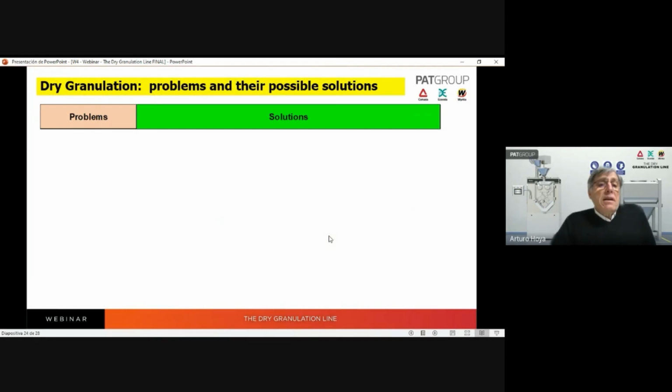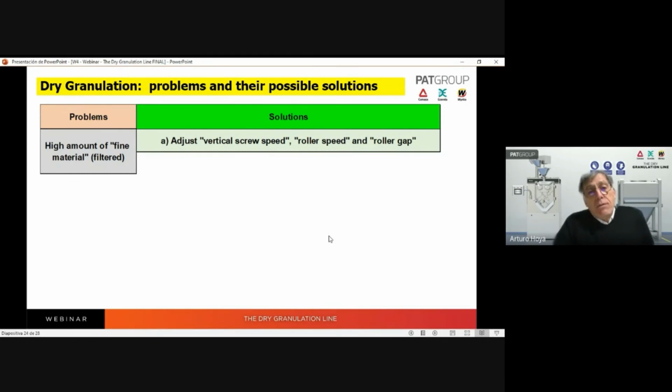Well, the last part is dry granulation problems and their possible solutions. Problem, for example, a high amount of fine material filtered. So, first of all, adjust the vertical screw speed, reduce the roller speed, and adjust the roller gap.